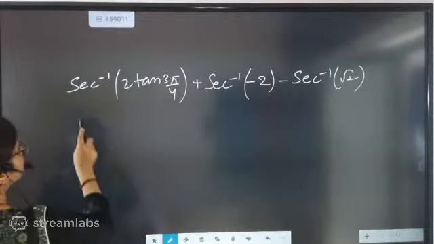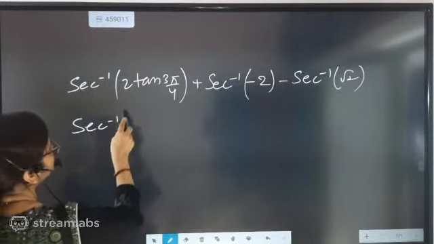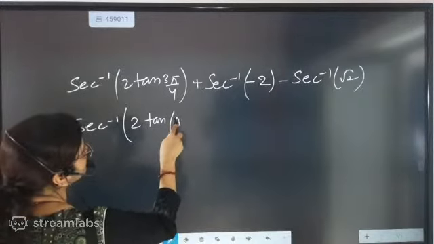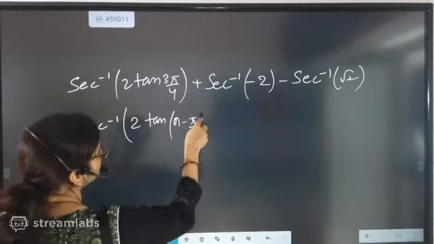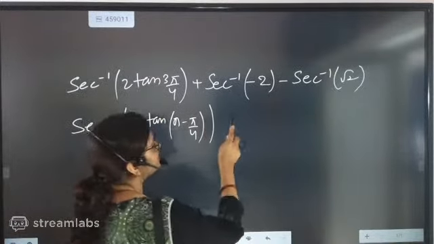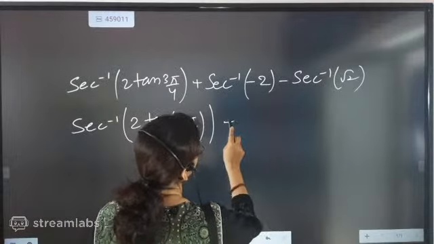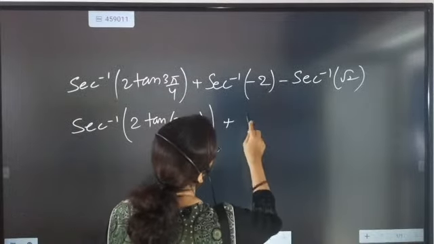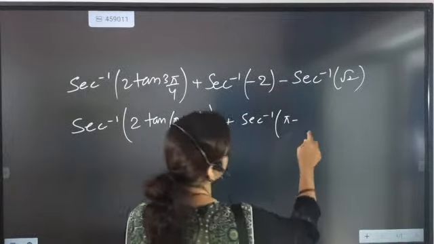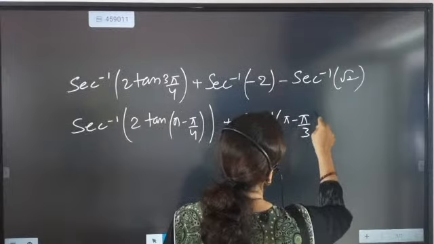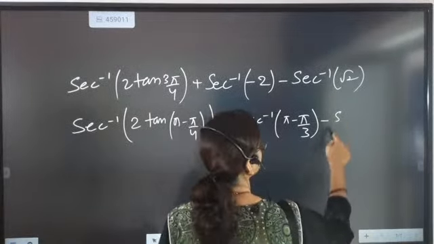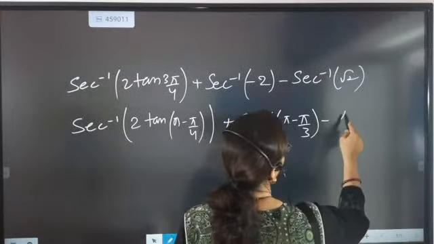Definitely again this part will be written as secant inverse of 2 tan of pi minus pi by 4. 3 pi by 4 means pi minus pi by 4. And here secant inverse of minus 2 is given.